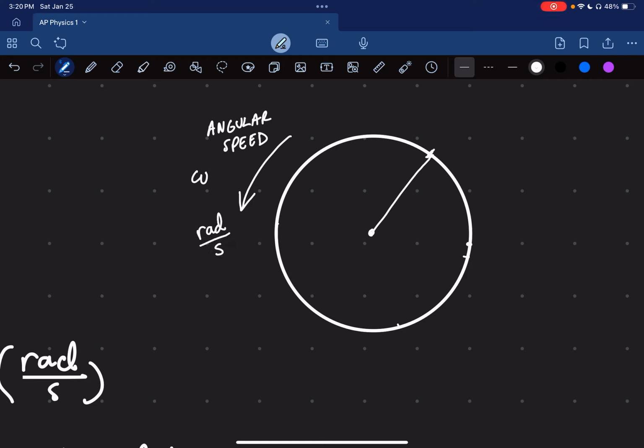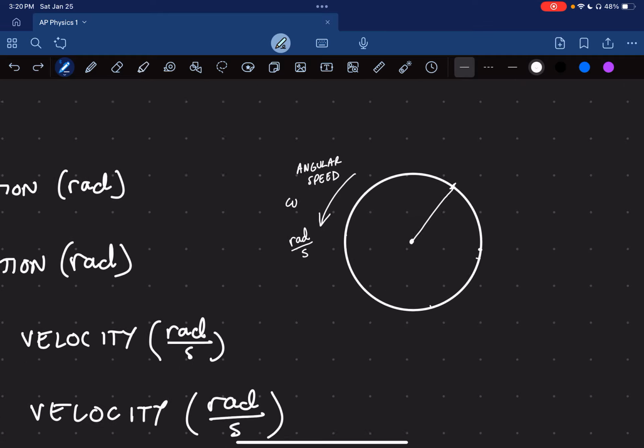So if this was 1 radian per second, it's about that much. It would spin from here to here in 1 second. Or if it was 2 radians, 2 radians would be about somewhere here in 1 second. Anyway, that's angular speed.